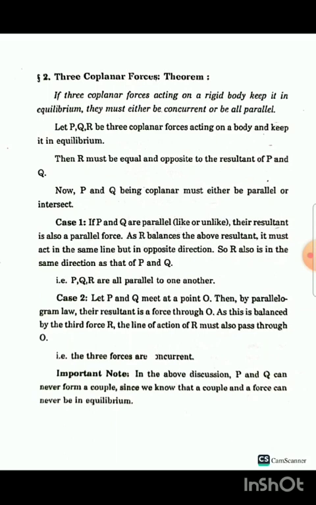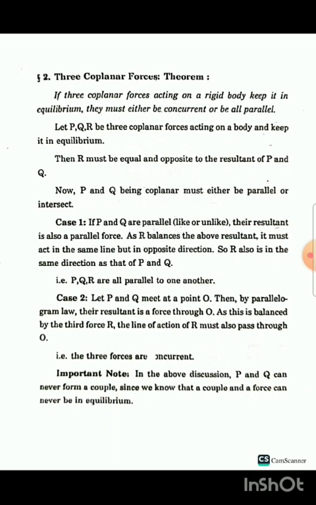Now we discuss the parallel case, which is case 1. If P and Q are parallel, whether like or unlike, their resultant is also a parallel force.